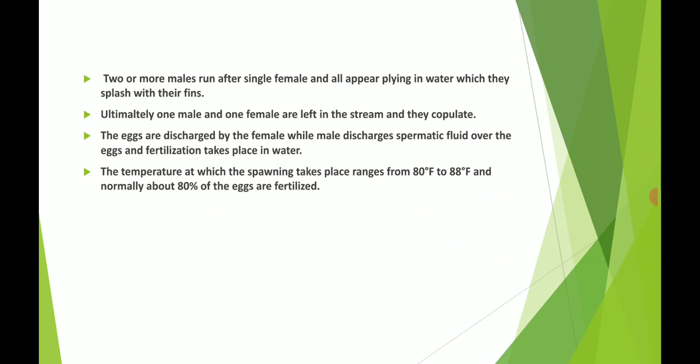The eggs are discharged by the female while the male discharges spermatic fluid over the eggs, and fertilization takes place within the water. The temperature at which spawning takes place ranges from 80 to 88 Fahrenheit, and normally about 80% of the eggs are fertilized.